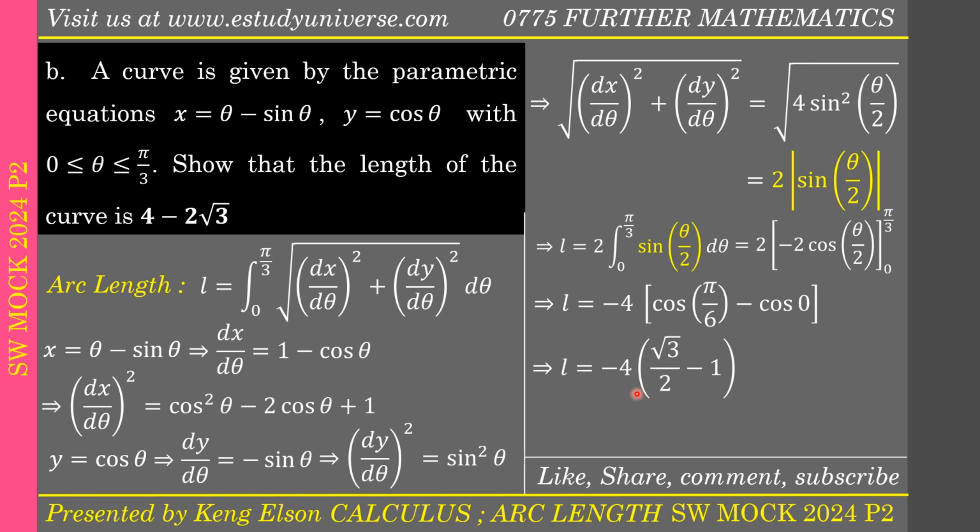If I multiply all through by negative 4, this is what I'm going to have. Negative 4 on 2 is negative 2 root 3. Negative 4 times negative 1 is positive 4. So if I write it in the normal way, I'm going to get that the length of the curve in the required region is 4 minus 2 root 3 units.